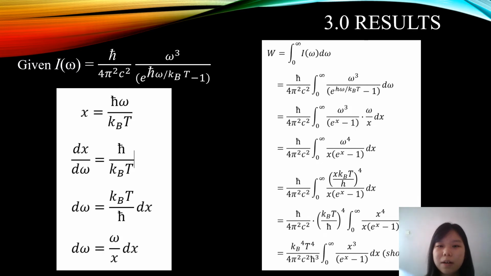By substituting the content of I omega, we can perform the integration as shown in this diagram, and by replacing d omega with omega over x times dx, and also by replacing h omega over k times t with e to the power of x, we can perform the integration as shown in this figure, and eventually we can get the final answer k to the power 4 times t to the power 4 divided by 4 pi square c square h cubed times the integral of x cubed divided by e to the x minus 1, integration from 0 to infinity.